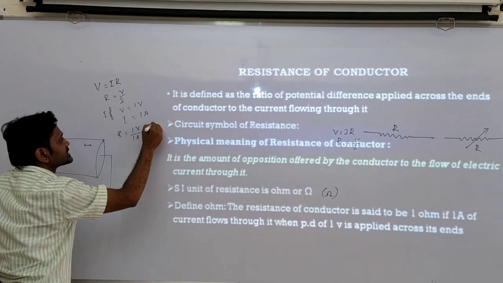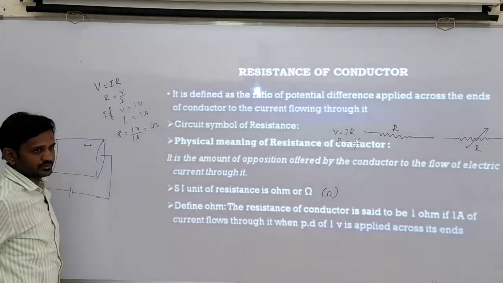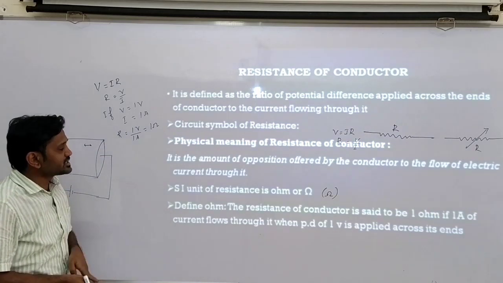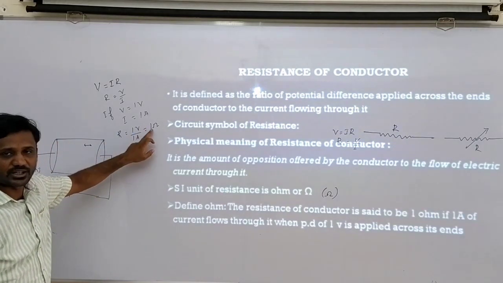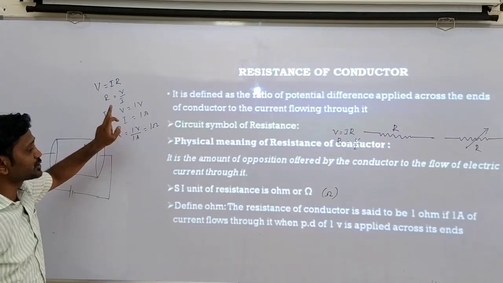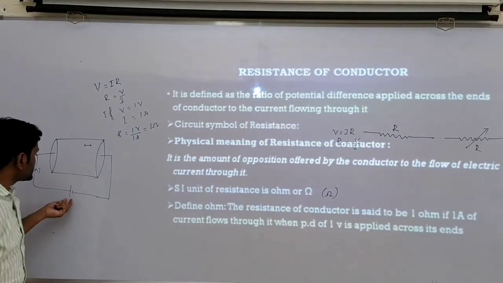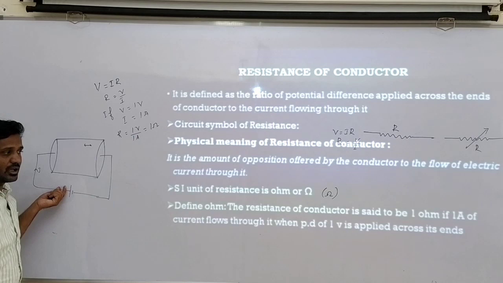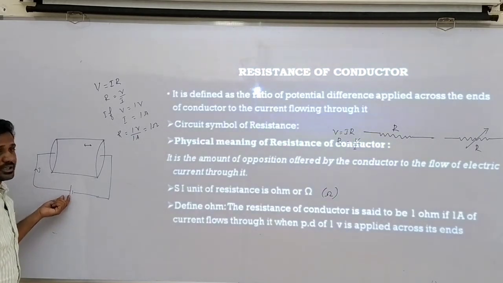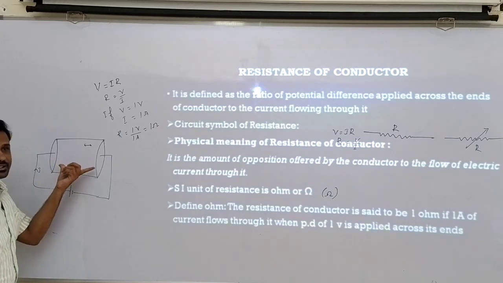This one we can call 1 ohm. The resistance of the conductor is said to be 1 ohm if 1 amp current flows through it when a potential difference of 1 volt is applied across its ends.